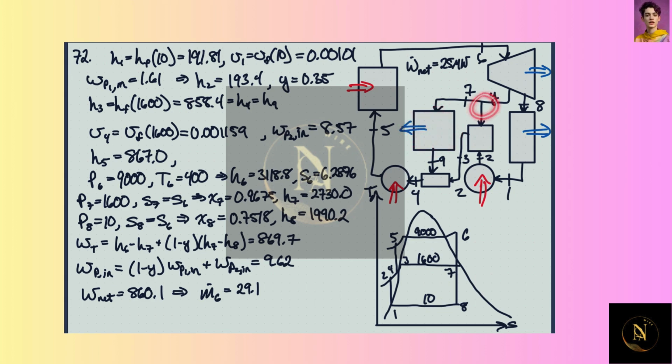If we wanted those things, we'd have to have some other fraction of how much is going here and how much is going here. But we weren't asked for any of that, so we didn't need to worry about it.